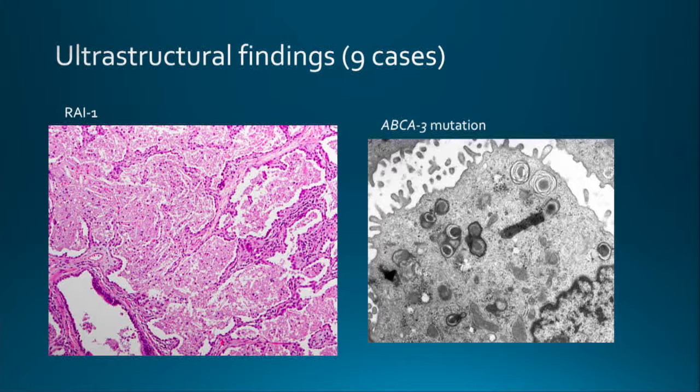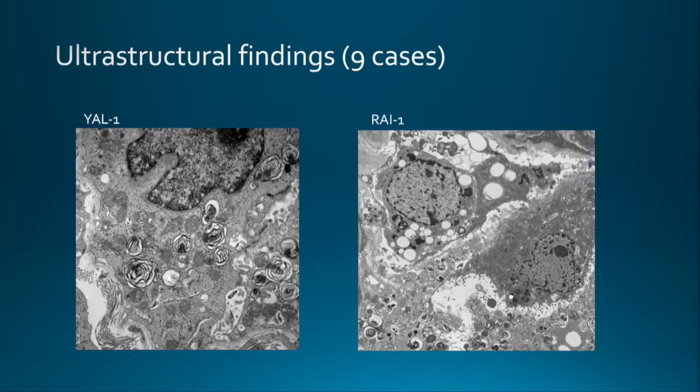But if you go to the next slide, what we're seeing in the cohort of sJIA patients, if we look at their ultrastructure, is absolutely normal lamellar bodies, which you're seeing on the left. So these type 2 cells have normal lamellar bodies.